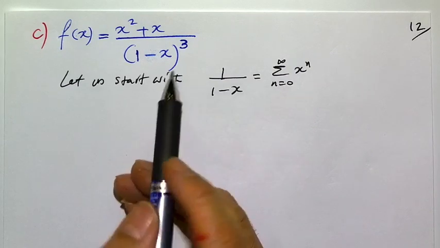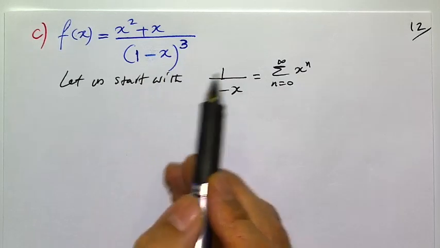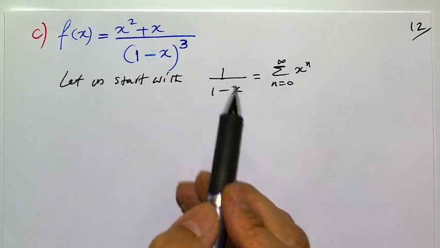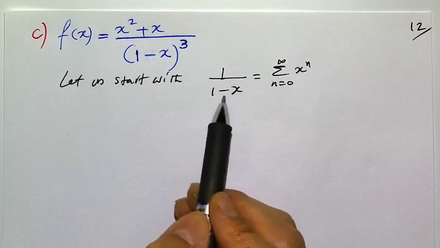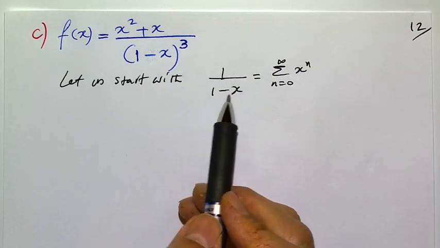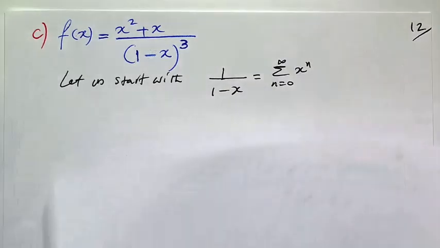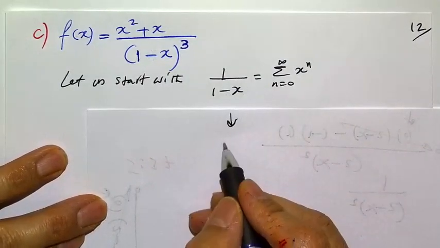And then here, notice that we have 1 minus x cubed, right? If we don't differentiate this, there's no hope of getting to that power. So we need to differentiate this to obtain a higher power and a higher power. Okay, so let's do that. If we differentiate this side, what do we get?